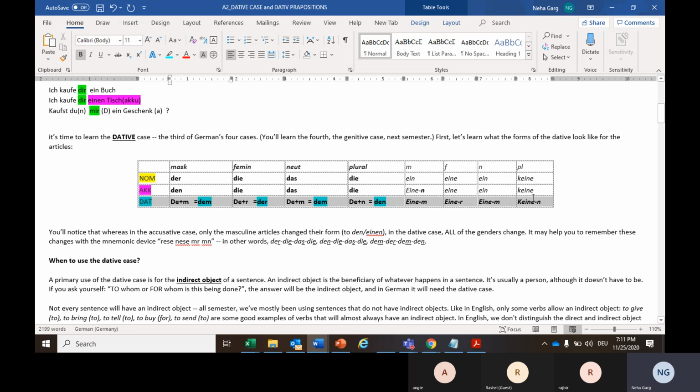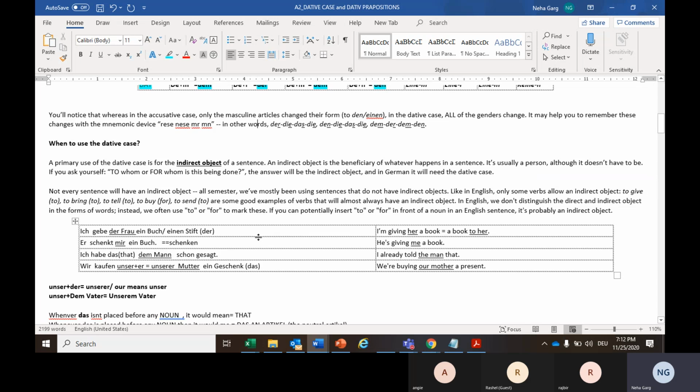To master the dative section, you just need to learn the endings, like where to put m, where to put r, again where to put m, or where to put n. That works in a similar manner for definite articles, indefinite articles, and personal pronouns. So meinem, meiner, deinem, deiner. It's just the endings which you have to learn.